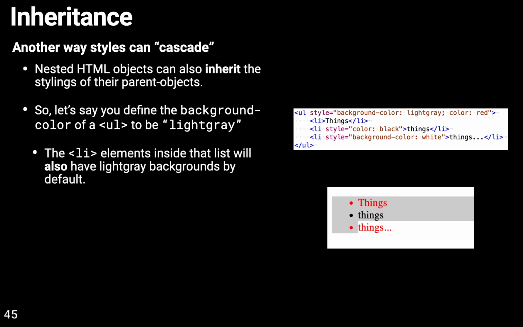The li elements inside that list will also now have light gray backgrounds by default, or rather beating the default. The default would be, hey, everything is by default white background. So this is the idea that you can set the properties of an external element or a container, for example, and that will help change all of the things inside of it.